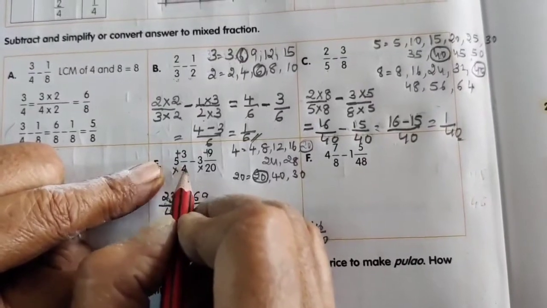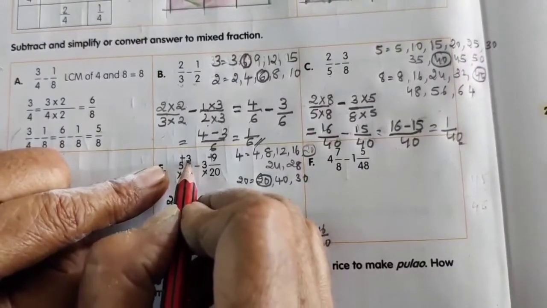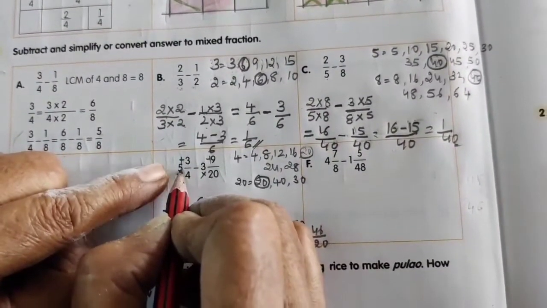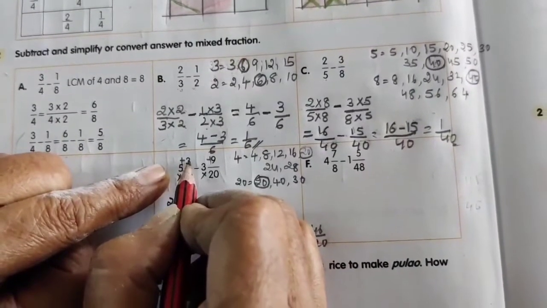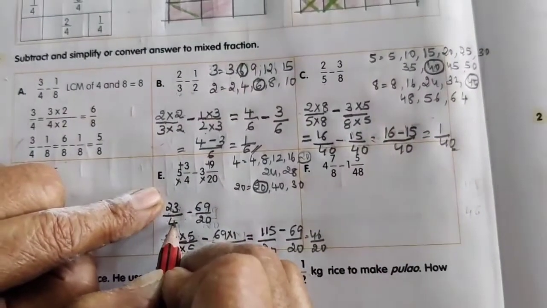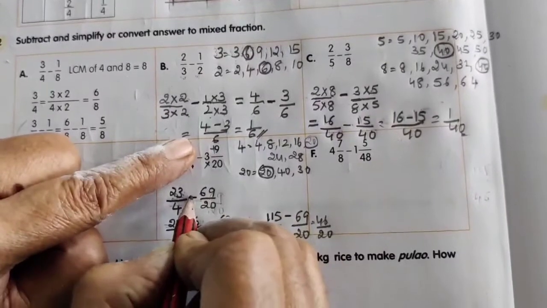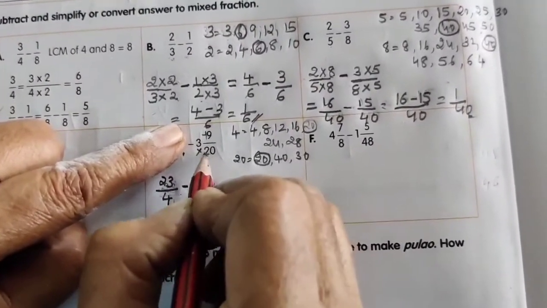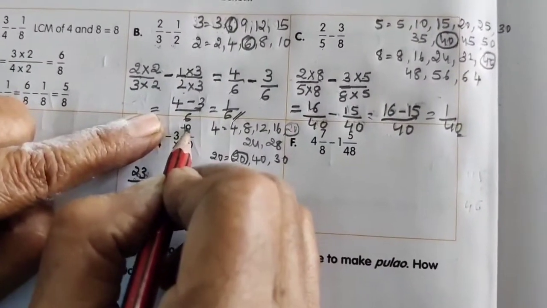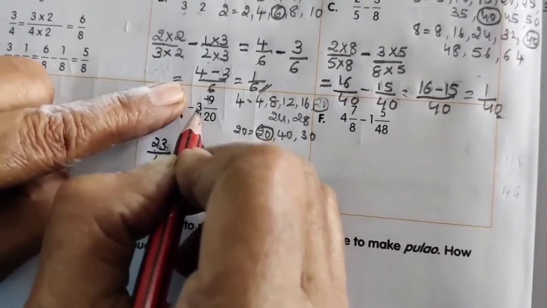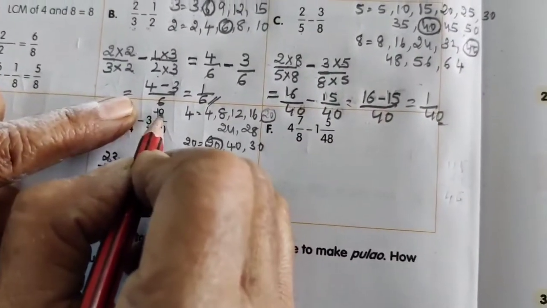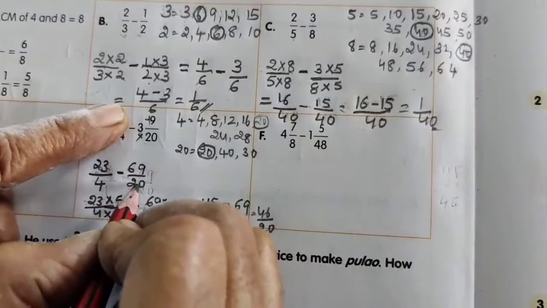First you multiply these two numbers, then add 3. 4 5s are 20. 20 plus 3 is 23 by 4. Okay. Next minus, 20 into 3, you multiply, then add 9. 20 3s are 60. 60 plus 9, 69 by 20.